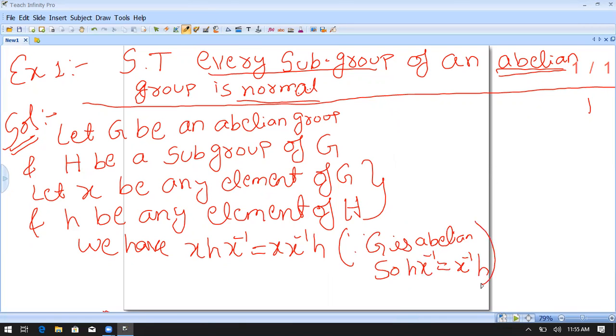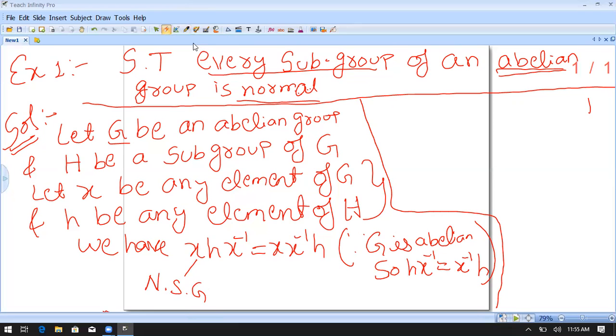Don't get confused: this is by the definition of a normal subgroup. This can be converted to x inverse h because G is an abelian group.